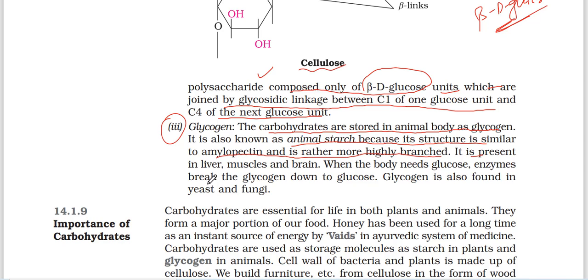It is present in liver, muscles and brain. When the body needs glucose, enzymes break the glycogen down to glucose. Glycogen is also found in yeast and fungi.